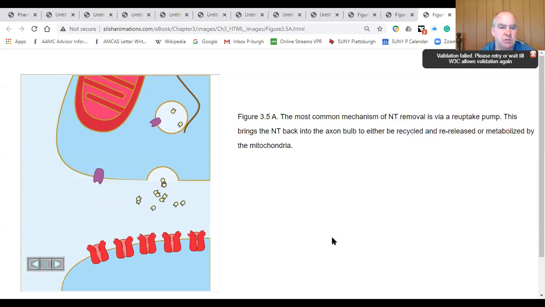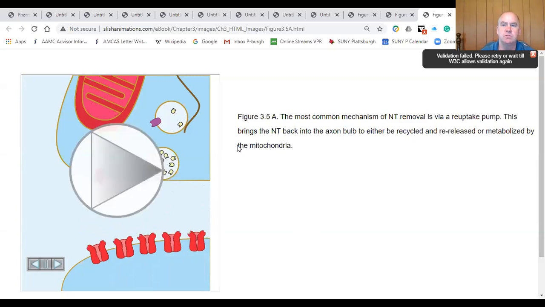So neurotransmitter release, activating the postsynaptic side, some neurotransmitters diffusing away, some going back in through the pump, and the mitochondria breaks it down. So bottom line, a pump is taking the neurotransmitter back up. Some of it will be recycled and some of it will be degraded.